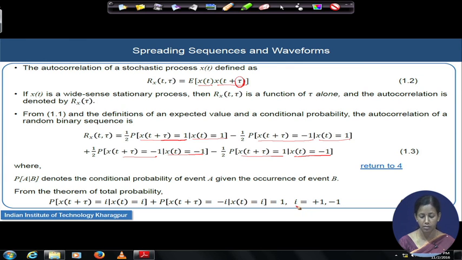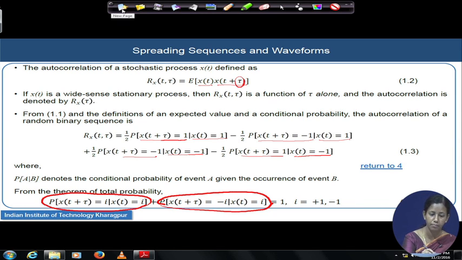Here in our case, this i can be either +1 or -1. So, the first part is the probability of correct reception, and this is the probability of wrong reception. The total probability of correct plus wrong reception should be equal to 1.